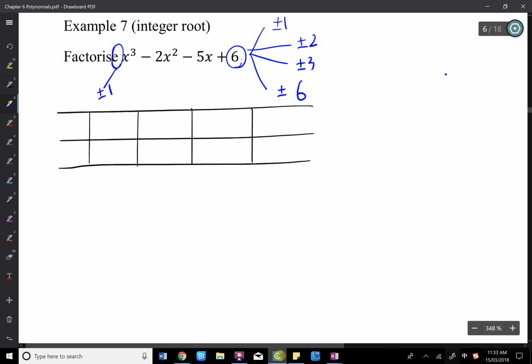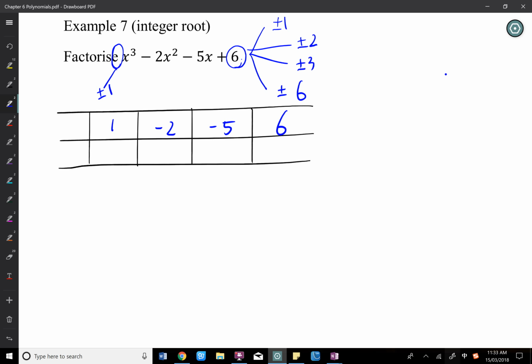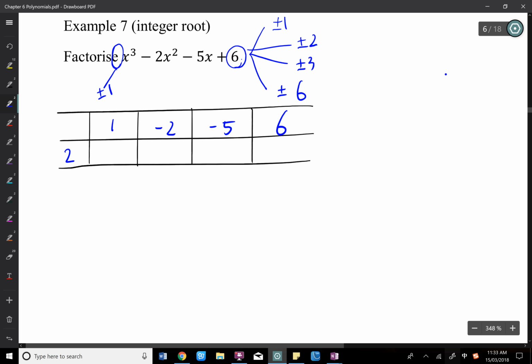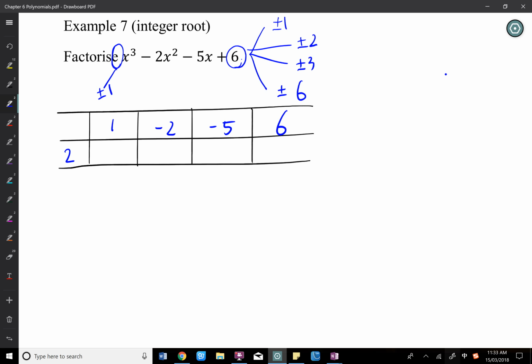So the coefficients are 1, negative 2, negative 5, and 6. Then I put the number I want to try here. I'll try something which doesn't work first, so you don't need to write that. For example, I try 2.